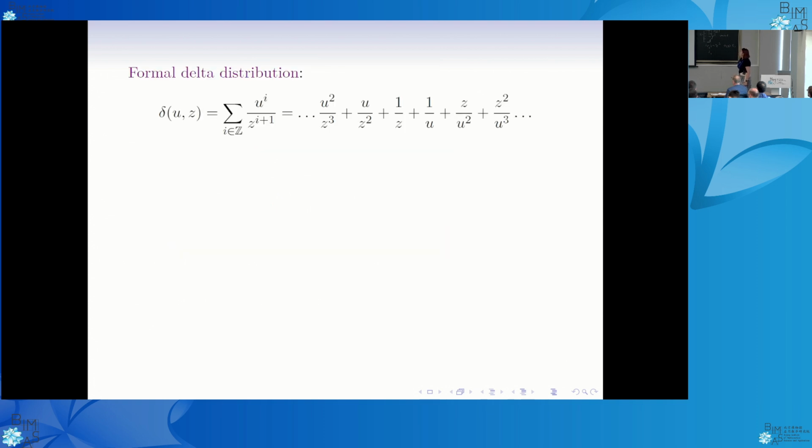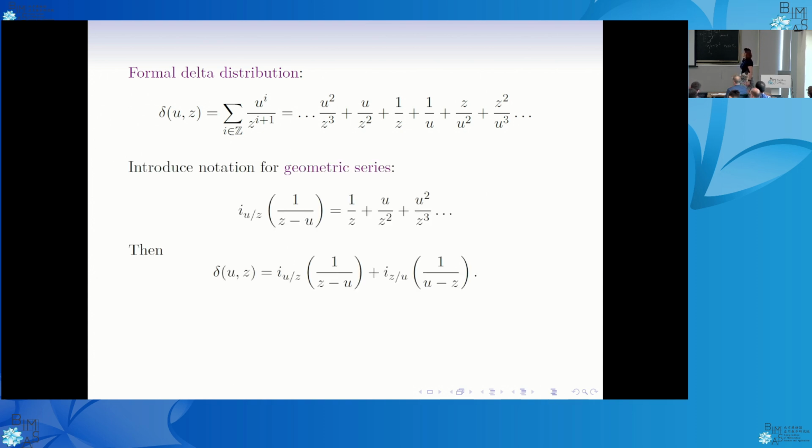Okay. And one of the formal distributions which appears in commutation relations is the formal delta distribution. This is the definition. One of the ways to understand this formal distribution is to think about it as a geometric series expansion in two different regions combined in one formal series.